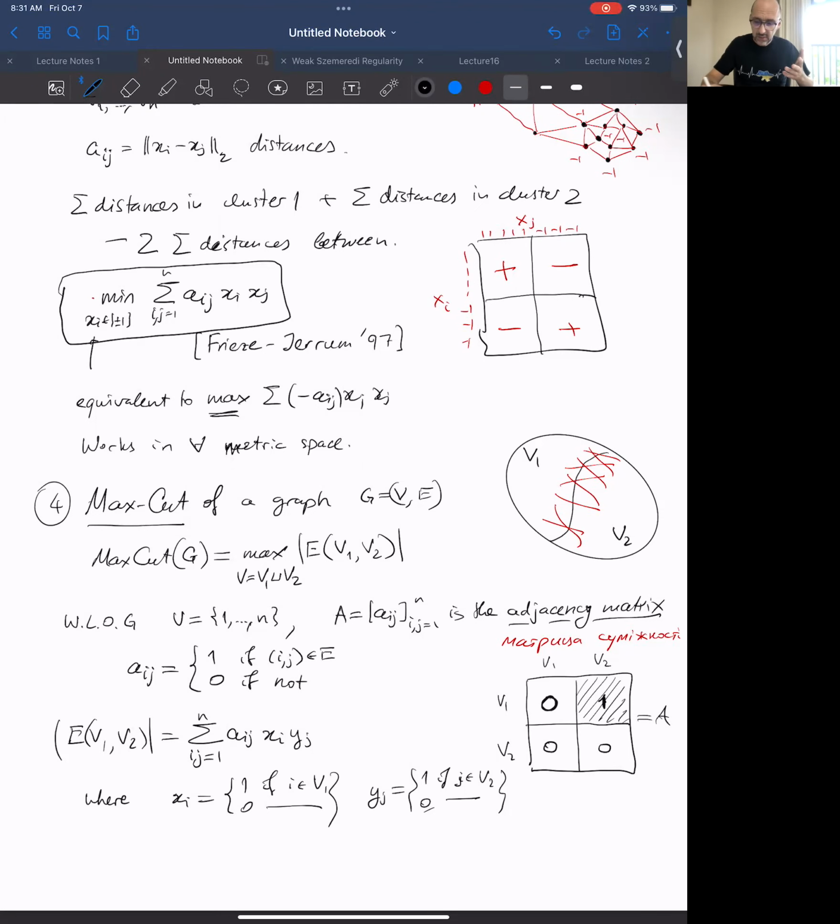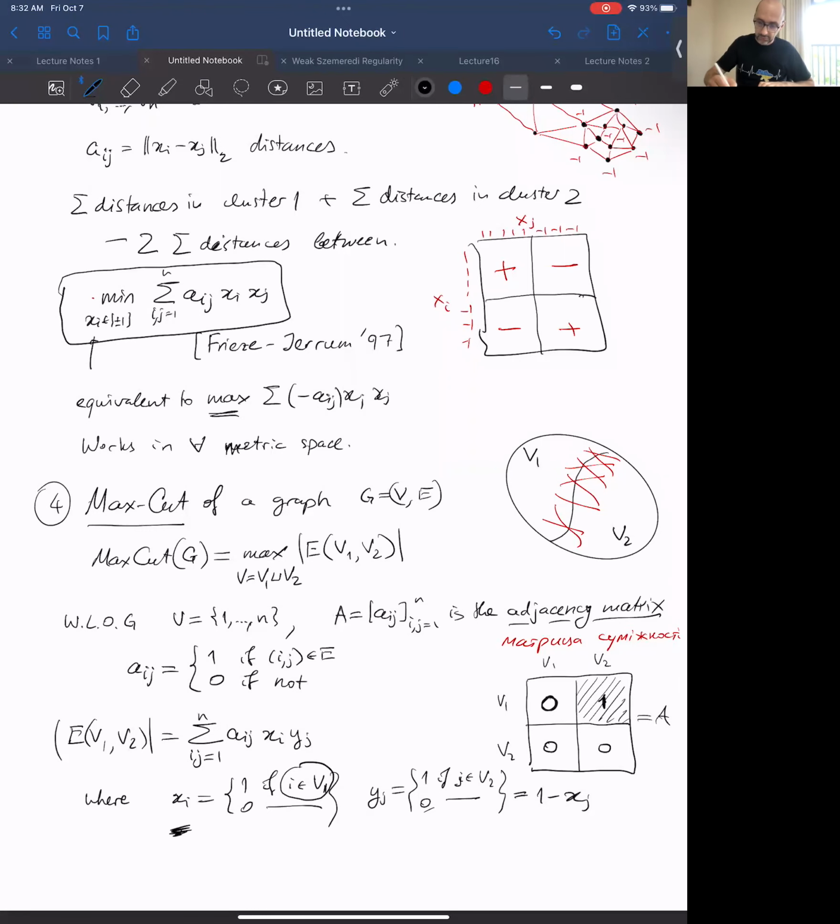But that's actually simple. You see, xi and yi depend on each other. They actually determine each other. Just think, what is xi? It determines if the vertex is in the first set. Well, if it is in the first set, then it is not in the second set, and the other way around. That's a partition. So yj is actually 1 minus xj. That's because these sets are a partition. If i is in V1, then i is not in V2. And if i is in V2, then it's not in V1. So it's 1 minus xj.